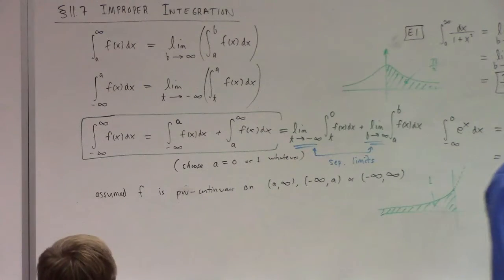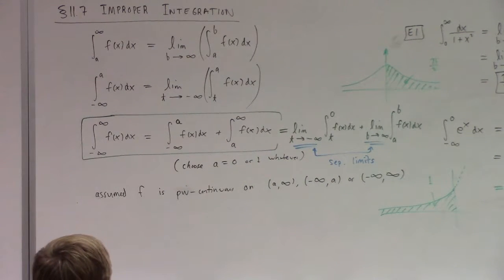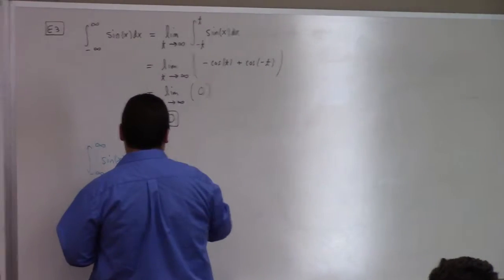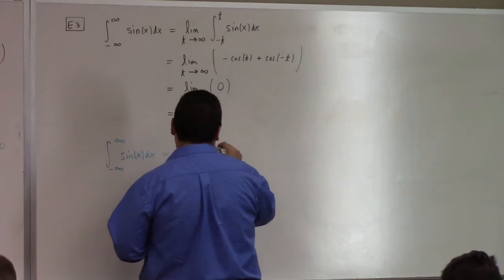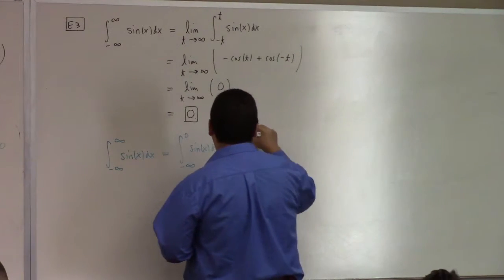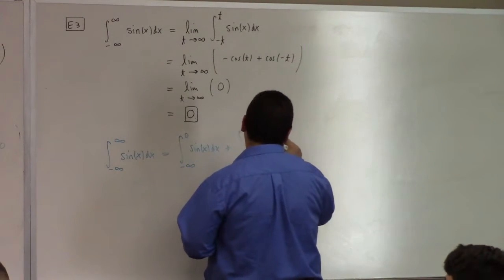See, because if I split this into pieces, I don't get 0, right? Suppose we integrate from minus infinity to 0, sine of x dx, plus the integral from 0 to infinity, sine of x dx.